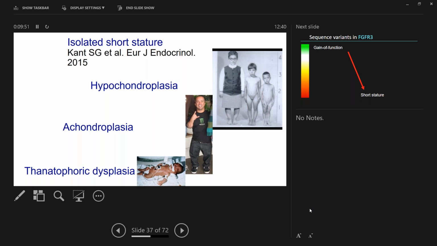Whereas if you have slightly milder mutations, you can get hypochondroplasia, which is a disproportionate short stature syndrome that luckily usually does not have the problems of achondroplasia with craniocervical stenosis and spinal stenosis, which is a problem in a lot of those patients. And then finally, you can also get isolated short stature from activating FGFR3 mutations.